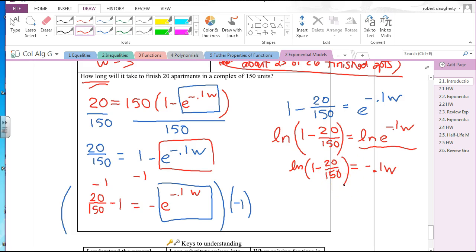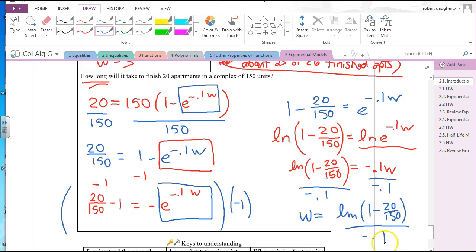I'm trying to solve for what? W. Is W by itself? No, it's multiplied by what? Negative 0.1. What can I do to get the W by itself? Divide by negative 0.1. So now this is going to be my final solution: W equals the natural log of 1 minus 20 over 150, over negative 0.1.